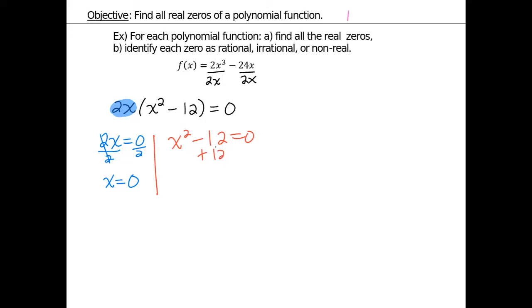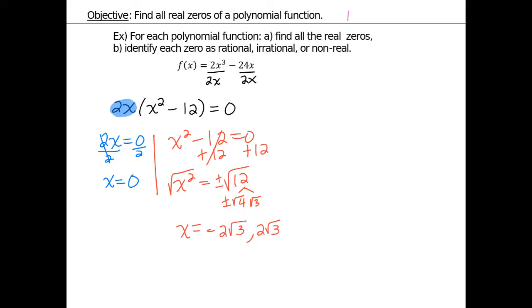So add 12, and I get x squared equals positive 12. Take the square root of each side. I need a plus and a minus. So x is equal to, I need to simplify, root 4 times root 3 with my plus and minus. So that brings me to my final answer: x is equal to a negative 2 root 3 and a positive 2 root 3.